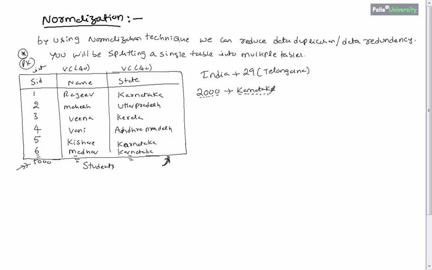So a total of 9 characters are present. And assume for each character 2 bytes of space is required. So 2 bytes into 9 characters, a total of 18 bytes of space is required for storing Karnataka one time. So what about 2000 times? 2000 into 18, approximately 36,000 bytes of space is required only for storing Karnataka.